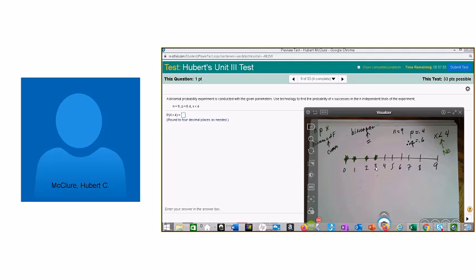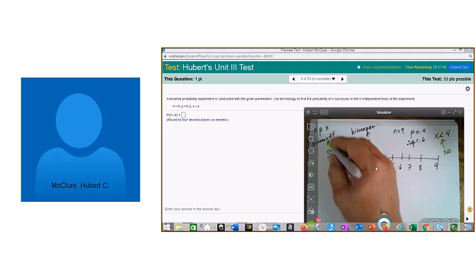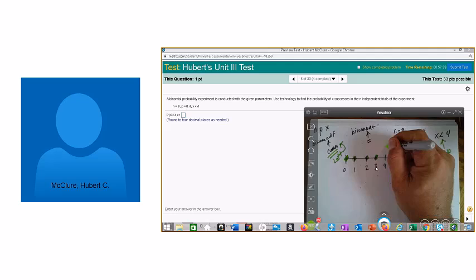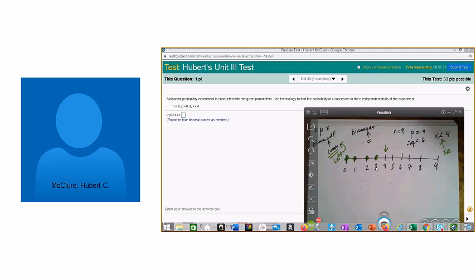That's less than. So I need to do cumulative 0, 1, 2, 3, because this always reads to the left. The cumulative always reads to the left of the number. Here's the number. You can't include 4, so you're just going to get 3, 2, 1, 0.